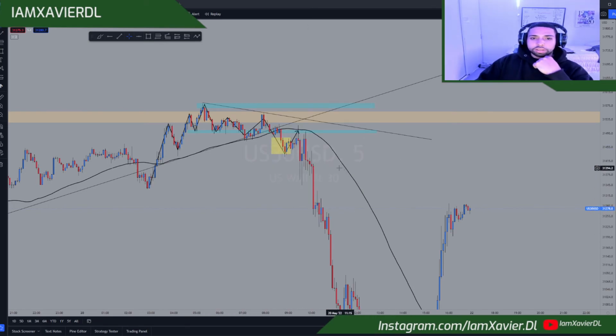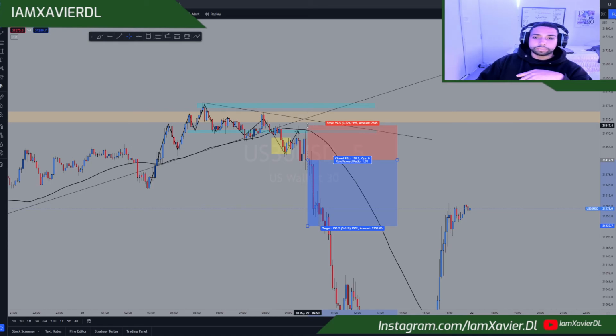Now we can wait for a retracement, a retest, look at it as support that turned into resistance, where we could actually capitalize and find our entry in the 1 hour time frame. Then from there, I like to put my stop loss right above the wicks.